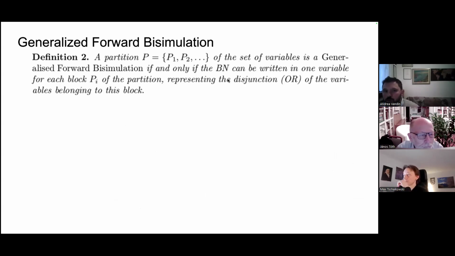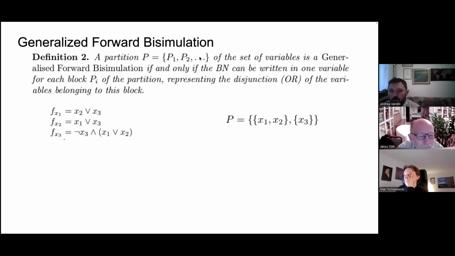In reality, we work at the level of partitions. Partition means we have sets of variables. P1 contains some variables, P2 contains some other variables. If we build another SAT formula for this partition, if it is valid, then we can reduce the original system with one variable for the first block, one variable for the second, one variable for the third, and so on. So the reduction that I was trying before is done in this way.